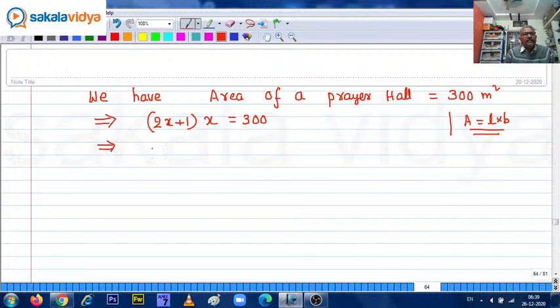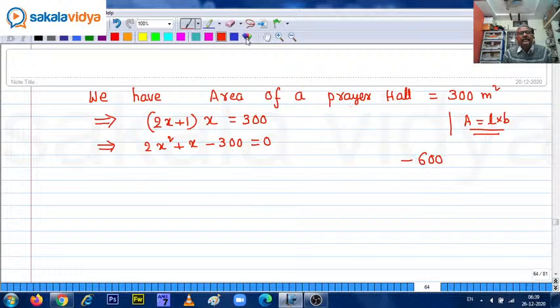So we get 2x square plus x minus 300 equals 0. Here minus 300 into 2 will be minus 600.